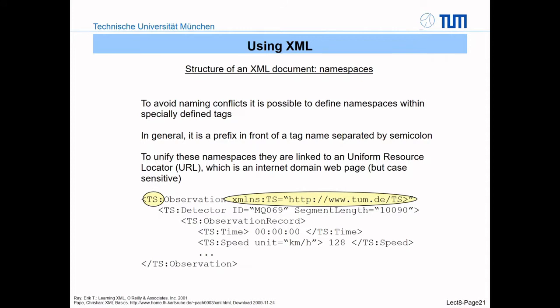So in principle, it's a prefix which you additionally add to each markup, and you have to define the namespace with an additional URL, so that it is a clear identifier that this namespace is predefined by this URL. It's a domain web page which represents this part, so that it's really unique, and you have to have a description of the namespace there.